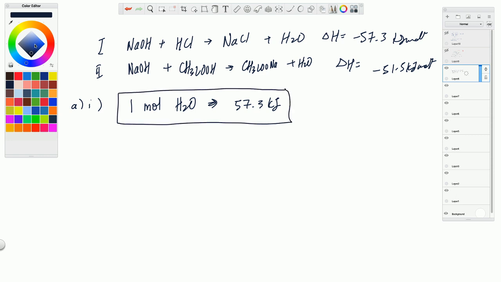Then how come it's less when you use ethanoic acid? So your first mark is always to say that hydrochloric acid is a strong acid. Okay, it ionizes completely in water.